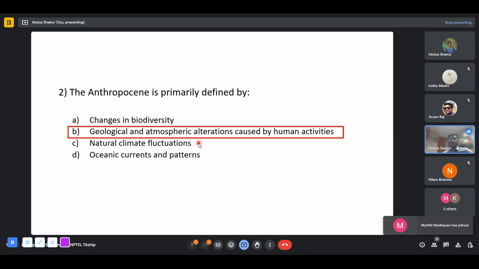Changes in biodiversity, natural climate fluctuations, oceanic currents and patterns are things that have been happening over the recorded past in Earth's history. But the geological and atmospheric alterations that we humans are causing is the reason why this era, the Anthropocene, is defined.